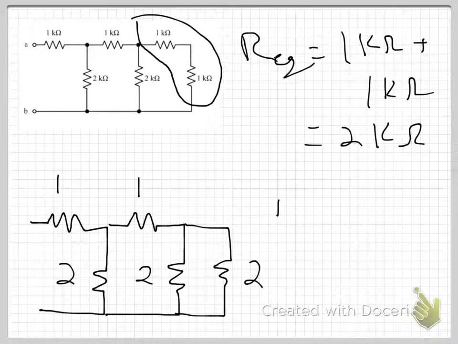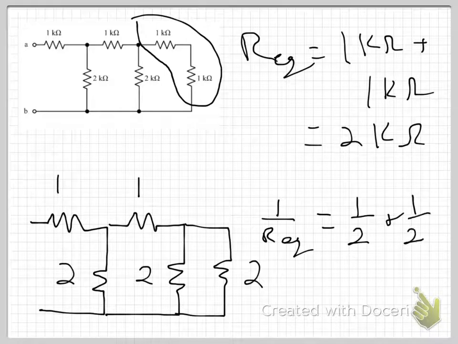So for parallel, hopefully you know this. If you don't, there are other videos that you can watch to show you that. The inverse of the equivalent resistance is equal to 1 over 2 kilo ohms plus 1 over 2 kilo ohms. Again, I'm going to leave off the units for the sake of clarity. And what I get is that 1 over R equivalent is equal to just 1, right? 1/2 plus 1/2 just equals 1.